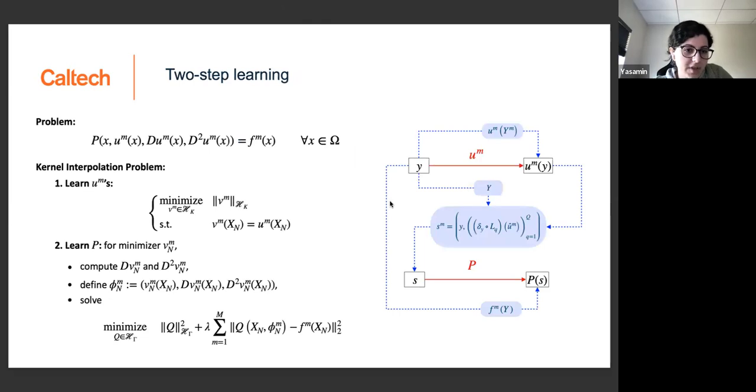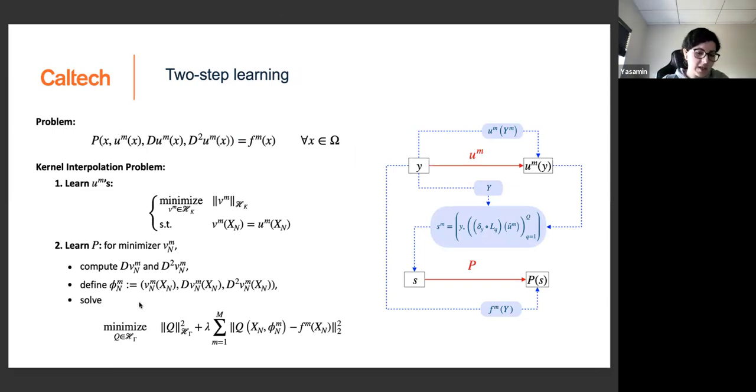A little bit more into the details of it. For the two-step learning, we do just a classic kernel interpolation to recover the UMs independently from what the P is. And then we move to the second step. As I mentioned before, we only had data for these UMs and not for the derivative terms.